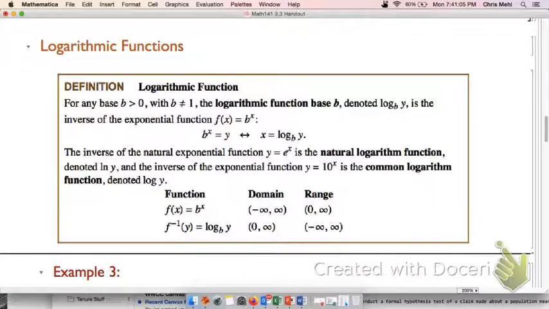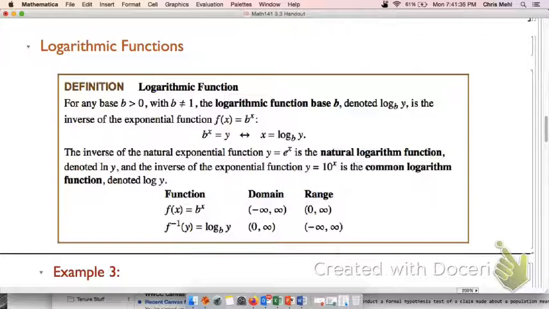Okay, so now that we've computed some logarithms and we understand the basic connection, hopefully you see the connection between computing logarithms and exponentials. So now for the definition. A logarithmic function for any base b greater than 0, so just like an exponential, we only care about positive bases, and the base b is not equal to 1.